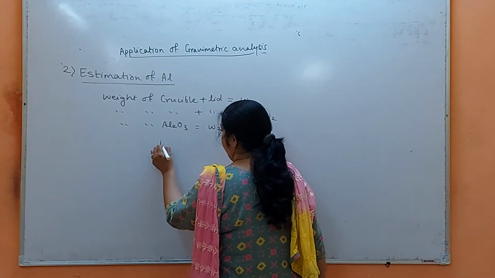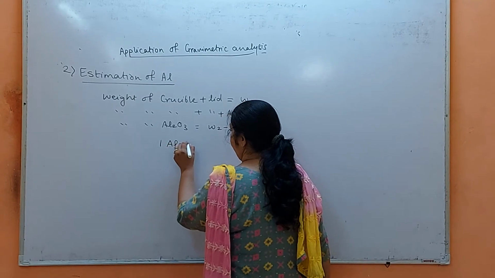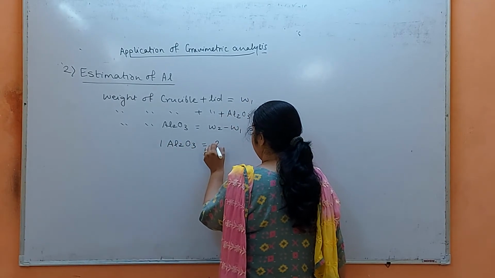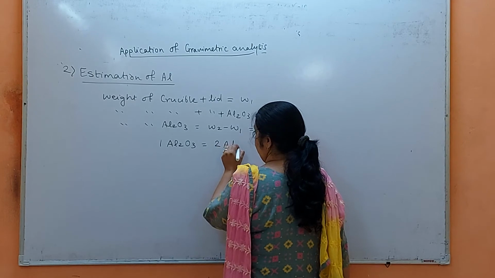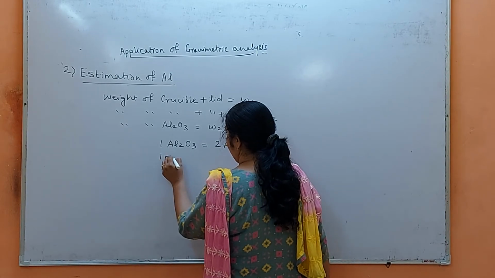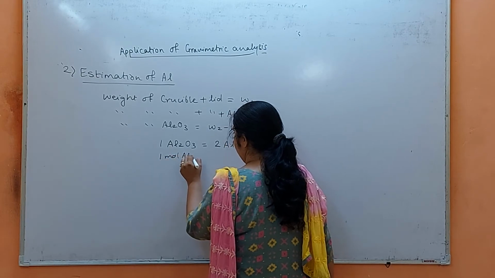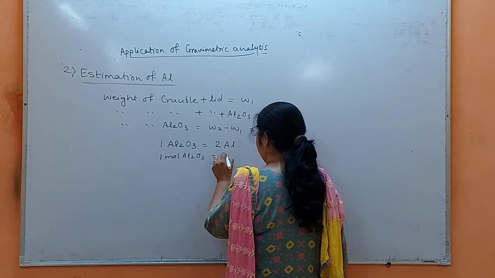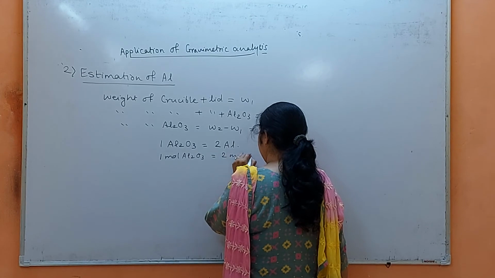So say 1 Al2O3 is equal to 2 Al. So 1 mole of Al2O3 is equal to 2 mole of Al.